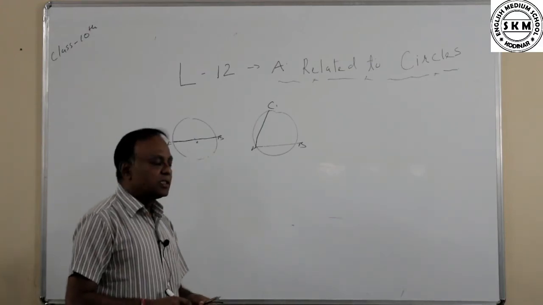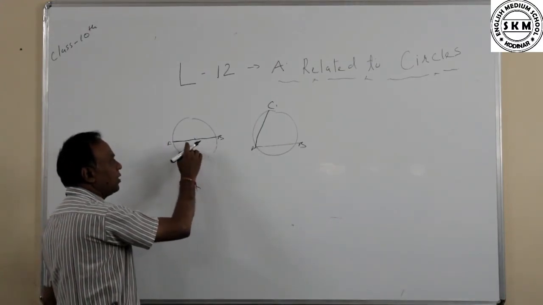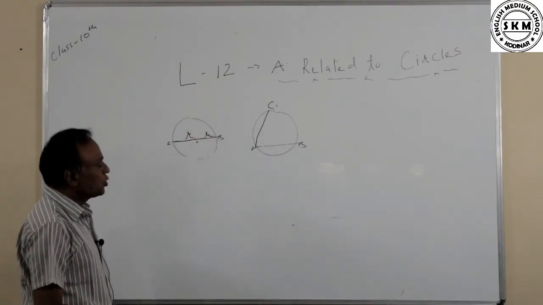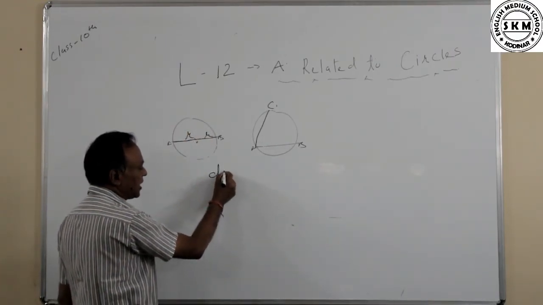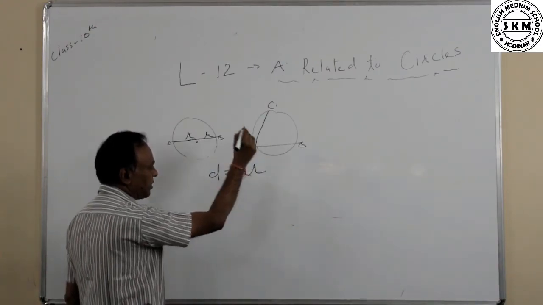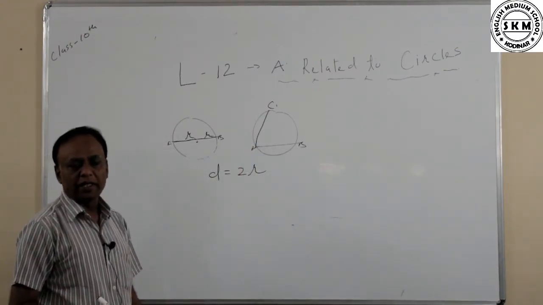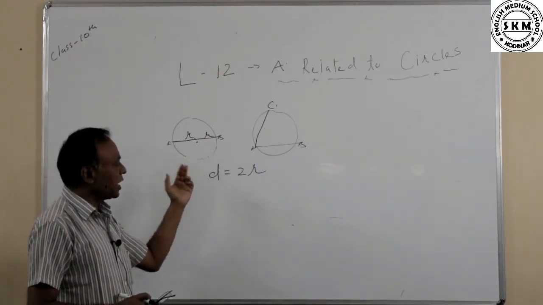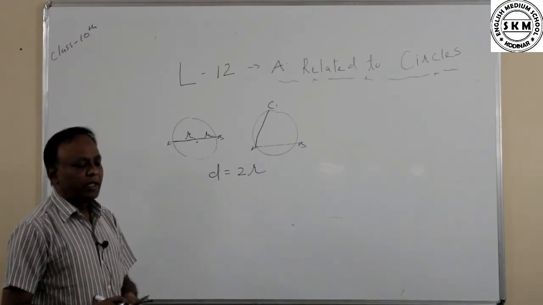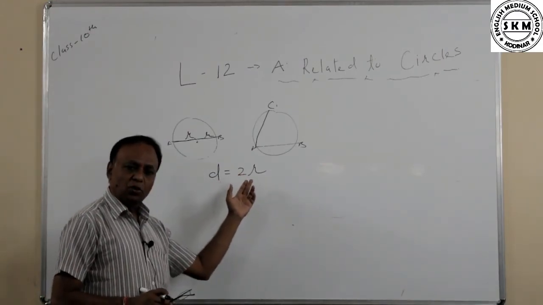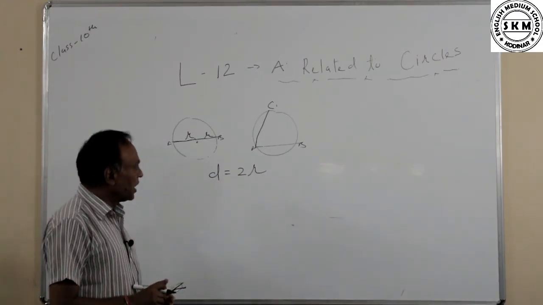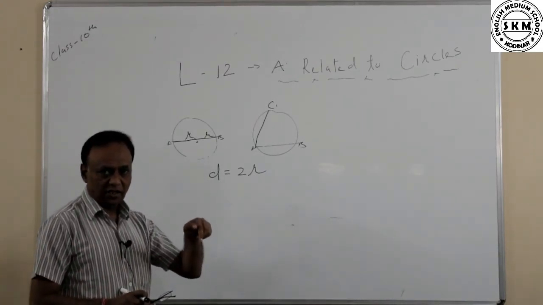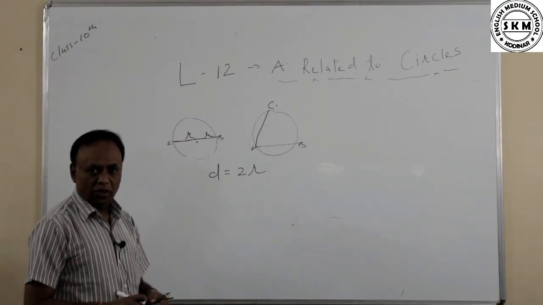Now OB and OA are the radius. So diameter, D means the diameter, it is 2 times the radius. So the diameter is 2r, which means 2 times the radius. But if we say every 2 times the radius is a diameter, it is not true.